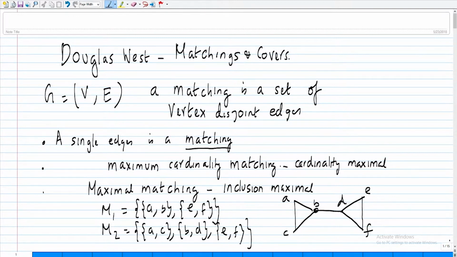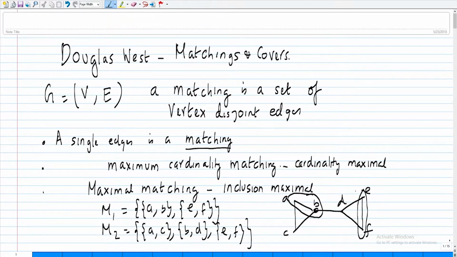You can already notice that the first one is not a maximum matching, but it is maximal, meaning that you cannot add one more edge from the graph and get a larger matching. Let us just see this. I've added AB, this is in the matching, and this is in the matching.